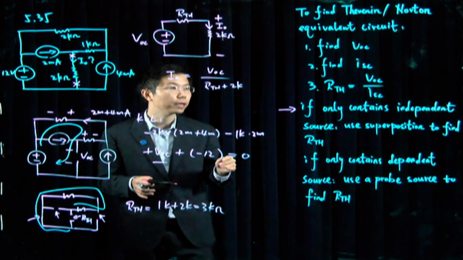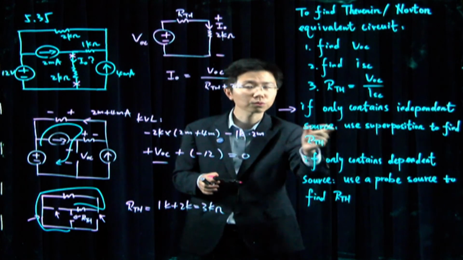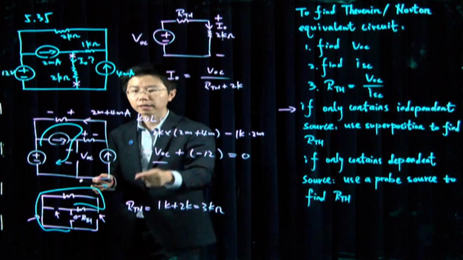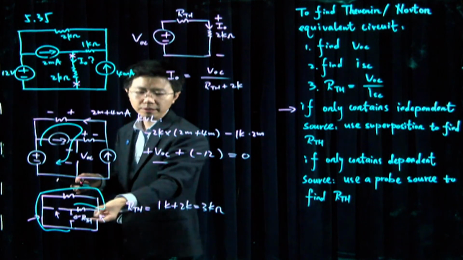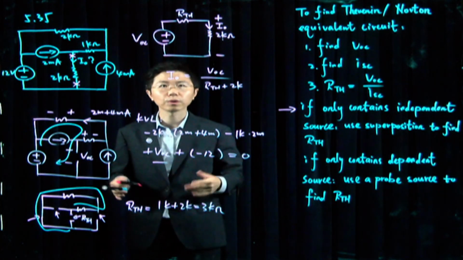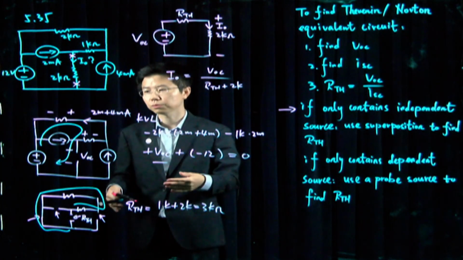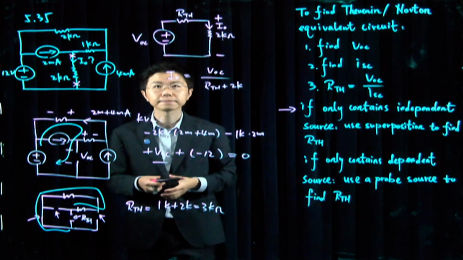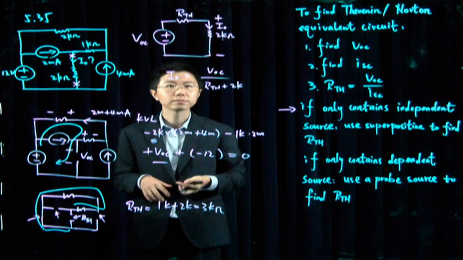Or in the special case where the circuit only contains independent sources, apply source superposition to directly find what will be the Thevenin equivalent resistance. And that will help you to quickly arrive at your Thevenin equivalent circuit. Well, that's all for this question.